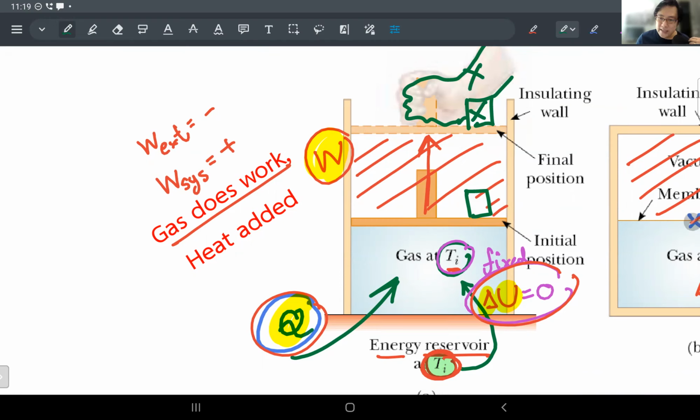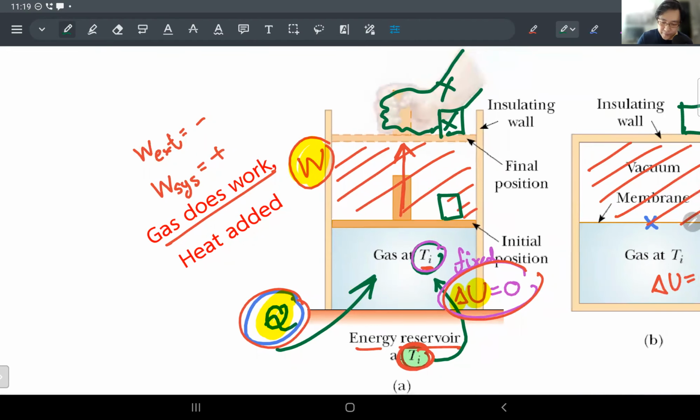Where does the heat added go, since temperature remains constant? One more time: heat flows into the gas, but this amount of heat perfectly matches the amount of work done by the gas. So the gas does not keep any energy to itself. Does that make sense?